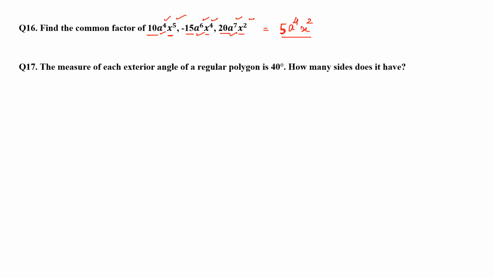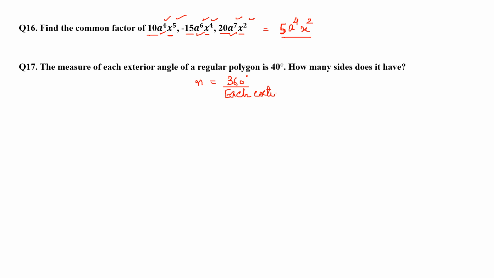Now question number 17. The measure of each exterior angle of a regular polygon is 40 degree. How many sides does it have? So there is a formula to find the number of sides when you know the exterior angle of a regular polygon, isn't it? The formula is 360 degree divided by each exterior angle.